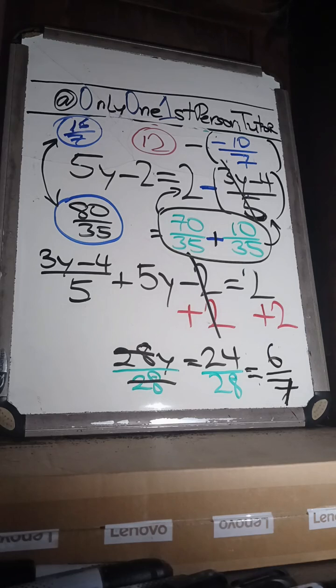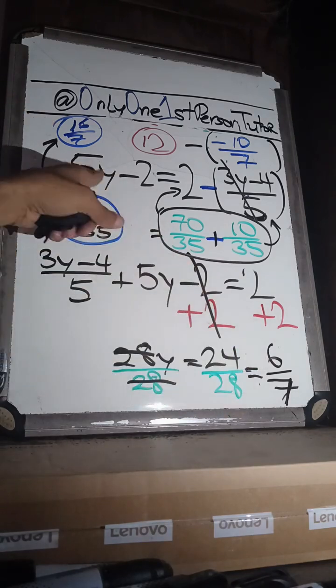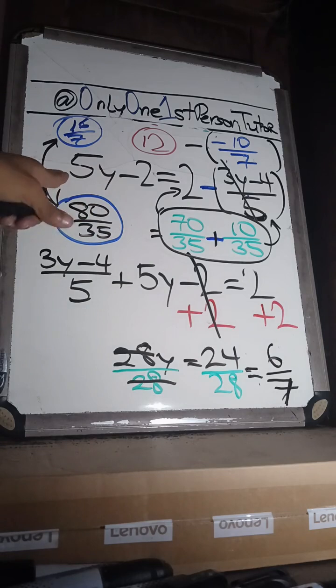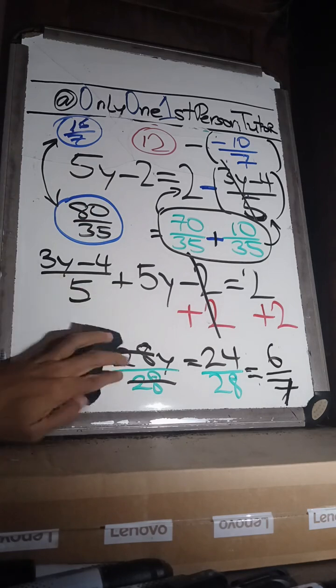So in reality, what we had was 2 plus 10 over 35. And then you change the 2 into 70 over 35, resulting in this 80 over 35, which is equivalent to this over here, which we got by doing this. 6 times 5, 30 over 7. 30 over 7 minus 14 over 7, just so we know.